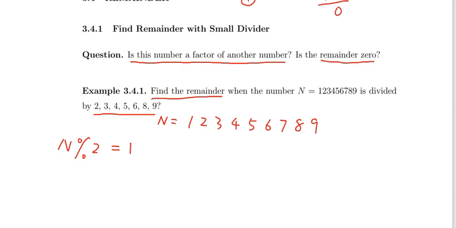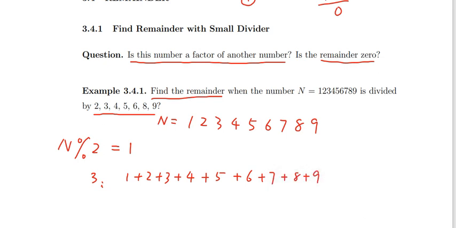We just check the last digit. This number is odd, not even. So how about divided by 3? For divisibility by 3, we just check the addition of those digits: 1 plus 2 plus 3 plus 4 plus 9, plus 6 plus 7 plus 8 plus 9.